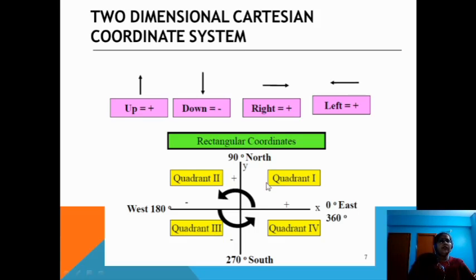The total angle covered starts from 0 degrees, comes to 90, 180, 270 and again comes back to 360 degrees. And if the direction conventions are noticed, this is north, south, east and west. So this is our conventional rectangular Cartesian coordinate system.